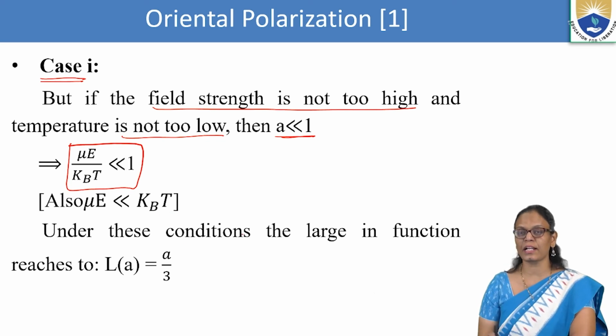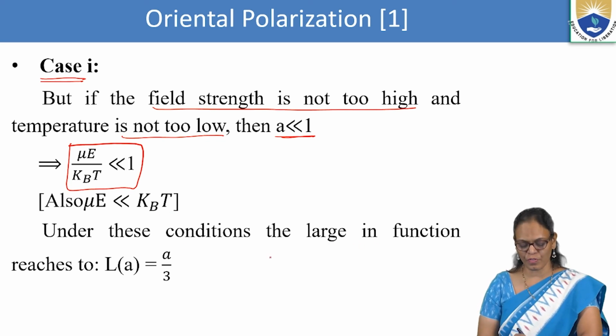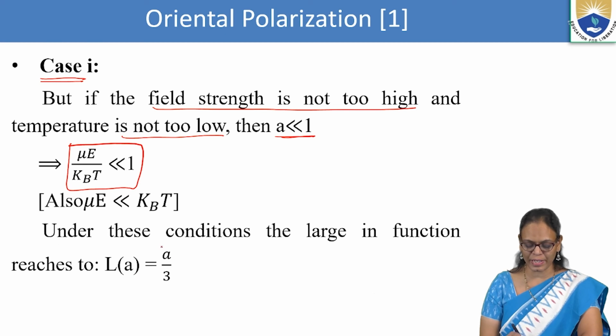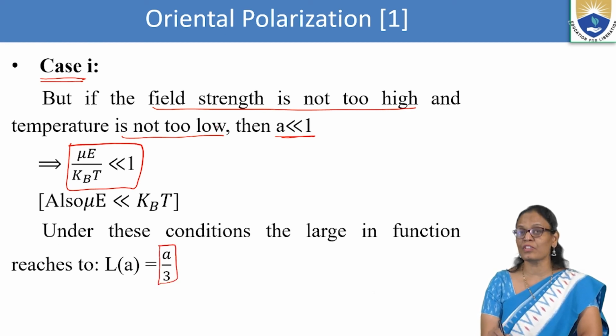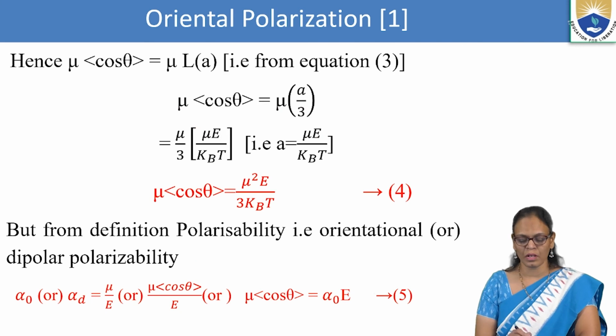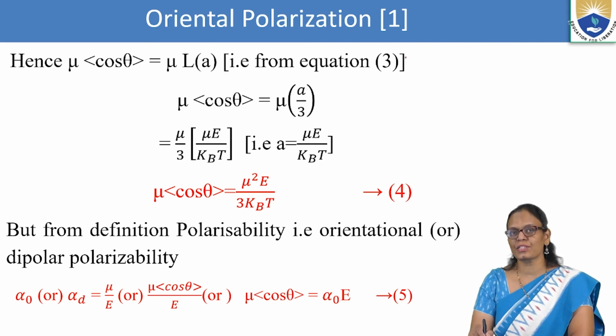Under these conditions, the Langevin function reduces to a by 3. This result is important. Now from equation 3, we have μ cos theta is μ L of a. So μ cos theta will be equal to μ a by 3.